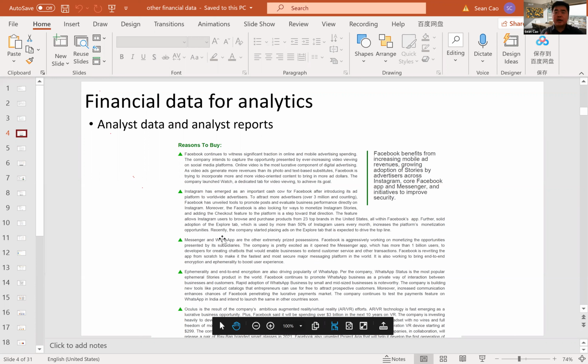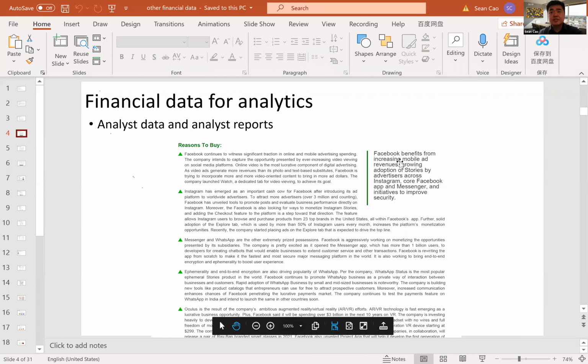So here you have to do the data analytics. You have to analyze the textual data. We talked about textual data last session, but textual data is not a major focus for this class. You can analyze all the textual data to figure out whether the buy recommendation they give is reasonable or not reasonable.